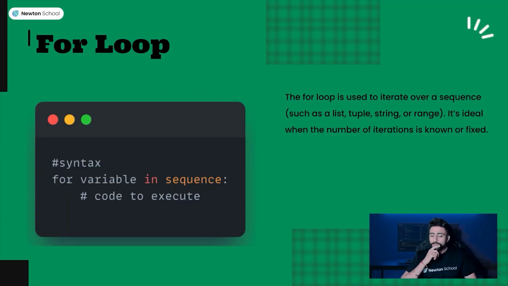So let's see how to write the loop inside our Python program. The for loop is used to iterate over a sequence. For example, you want to iterate over a list, tuple, string, or a range of numbers. So you can either iterate over a data type, for example a list, a string, or a tuple, or you can iterate over a range.